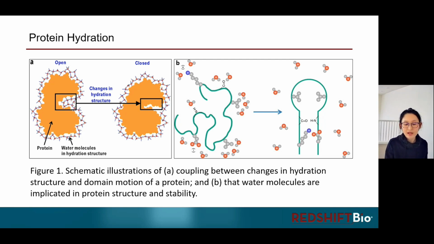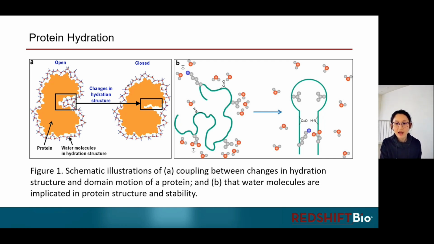So in the figure on the right side, we have an unfolded protein on the left, and its folded states on the right, which have different interactions with water molecules, thus different surface hydrophobicity.